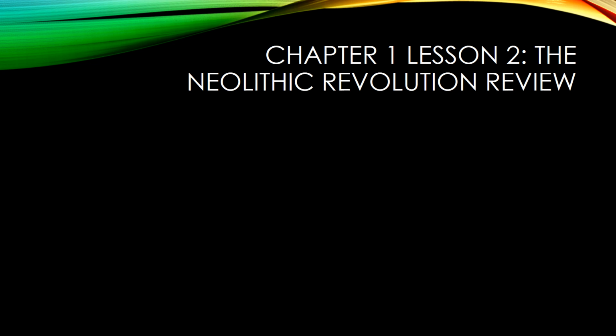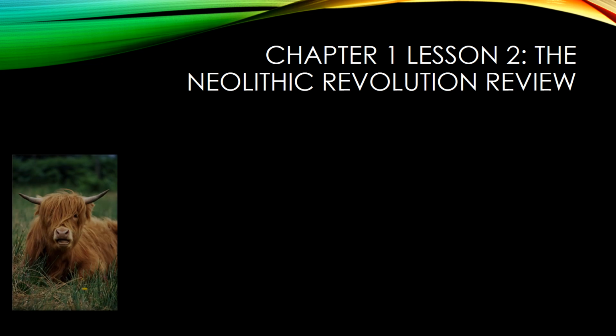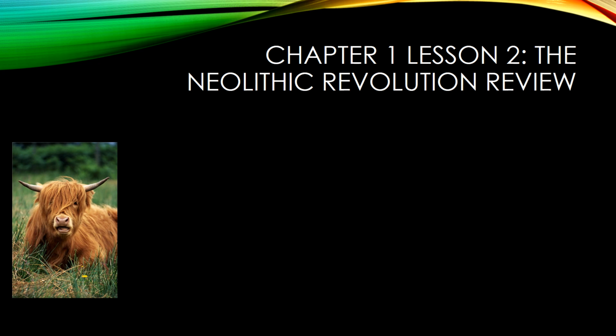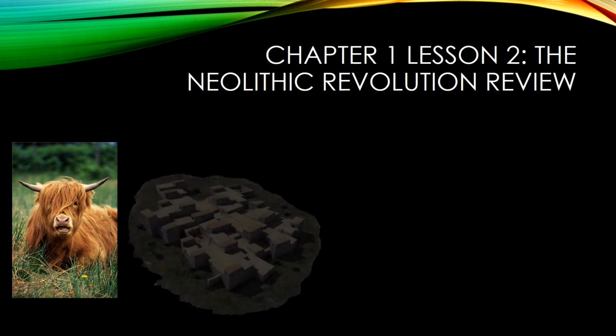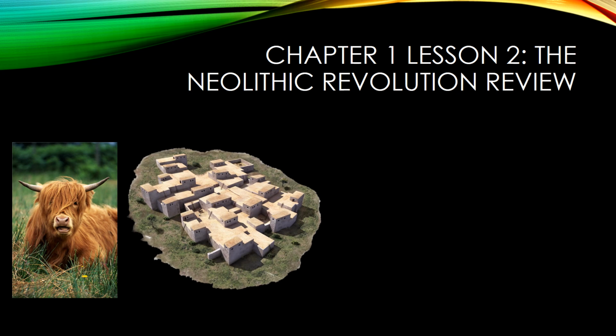In review, here's what we looked at today in Chapter 1, Lesson 2 of the Neolithic Revolution. We took a look at domestication of plants and animals for different needs and food sources, which helped systematic agriculture, which helped the settling of cities and civilizations. We looked at one of our earliest finds of a civilization at Katahayuk and how they lived and how they domesticated animals and what they used them for.